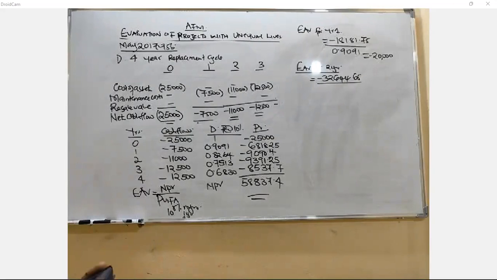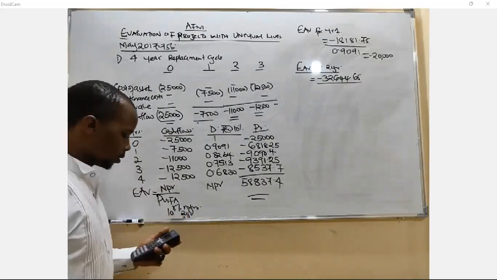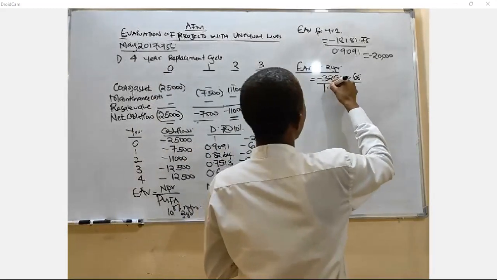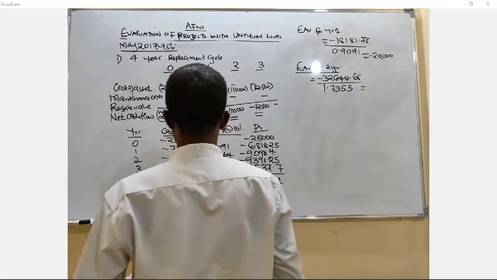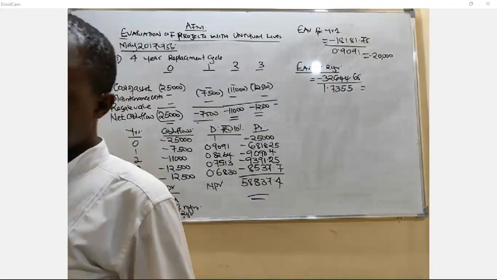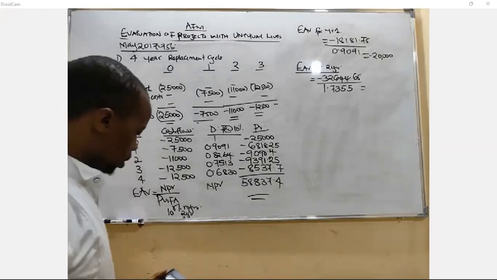Hii ni ngapi? For 2 years now. 1.7355. Nipe EV yake. Equivalent annual value. How much?